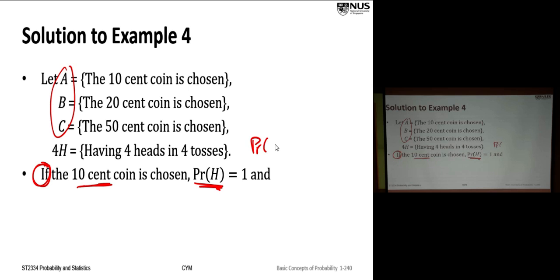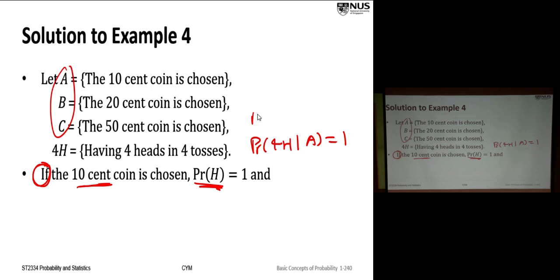So in other words, the probability of getting 4 heads, given that it is the 10-cent coin, is equal to 1. No matter how many times you toss, it's always head. So 4 heads out of 4 tosses with probability 1.